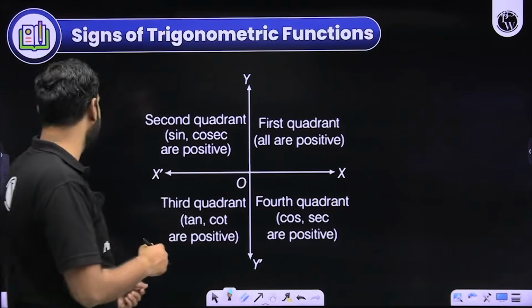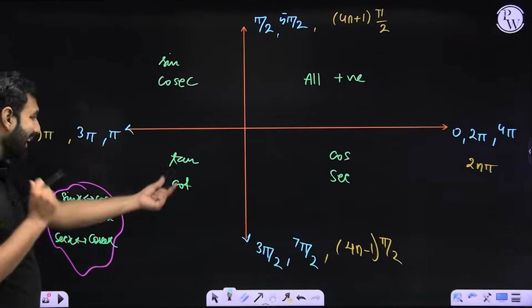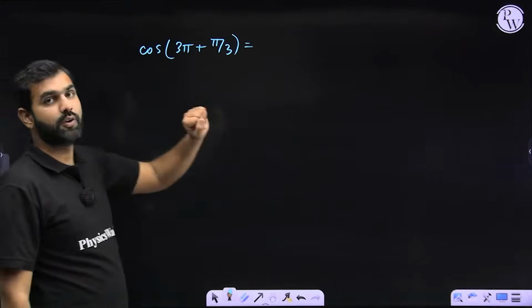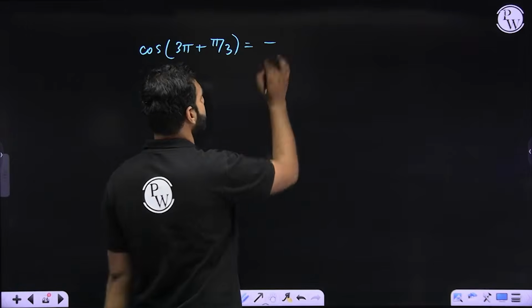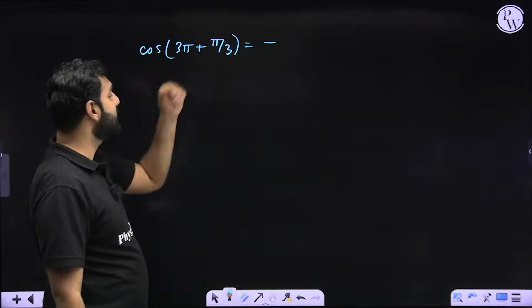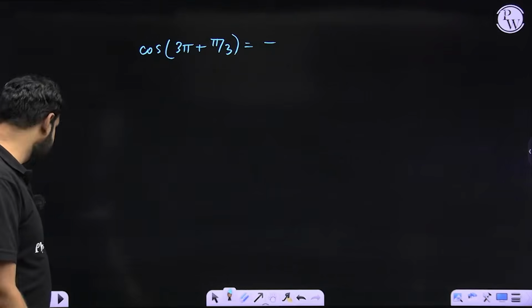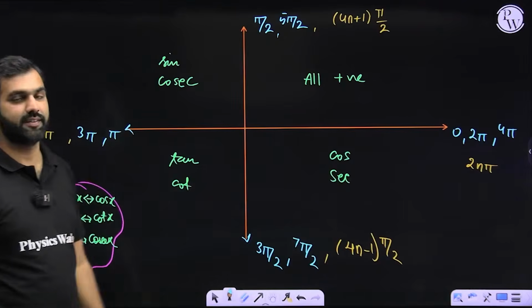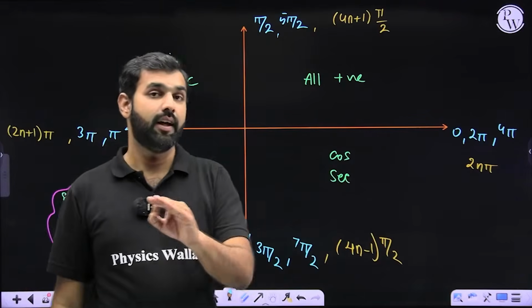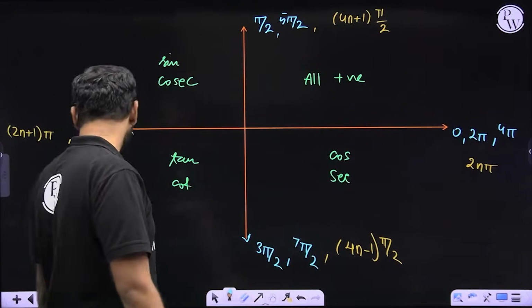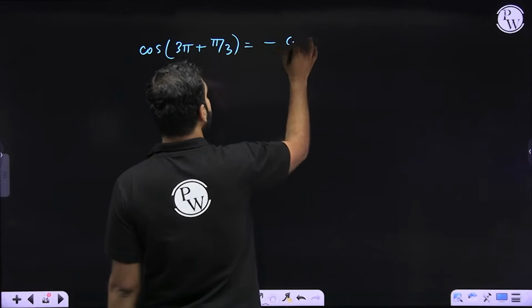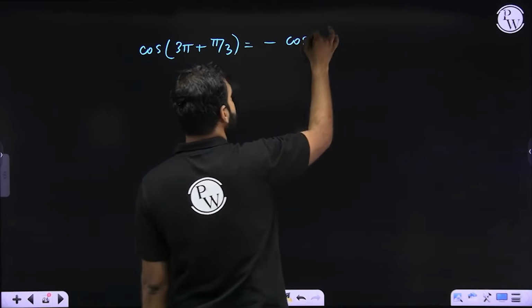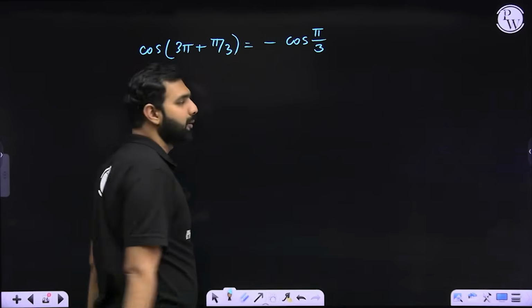In the third quadrant, tan and cot are positive, which means cos is going to be negative, so I'll put a negative sign here. Now, look at this 3π. Is it on the x-axis or y-axis? 3π is on the x-axis. As we have discussed, on the x-axis, ratios don't change. So this will still remain cos, and here it will be cos of this angle, which is π/3. This is what I'm trying to make you understand.